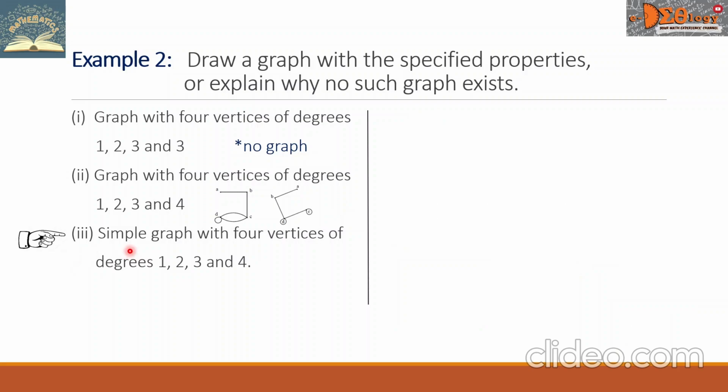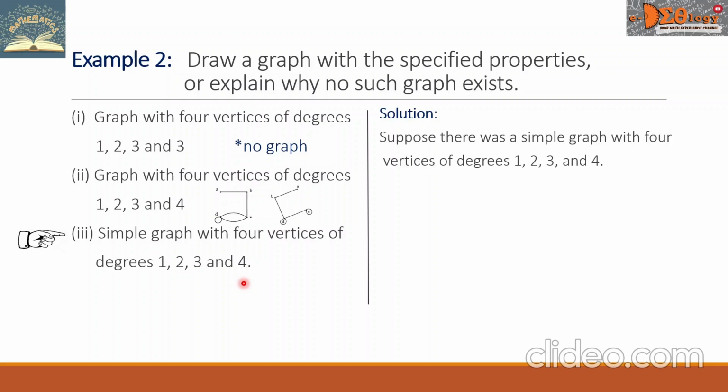Third scenario, a simple graph with 4 vertices of degrees 1, 2, 3, and 4. Suppose there was a simple graph with 4 vertices of degrees 1, 2, 3, and 4.